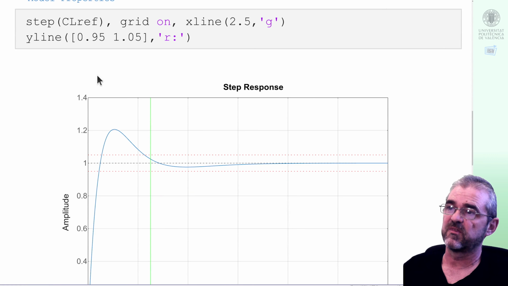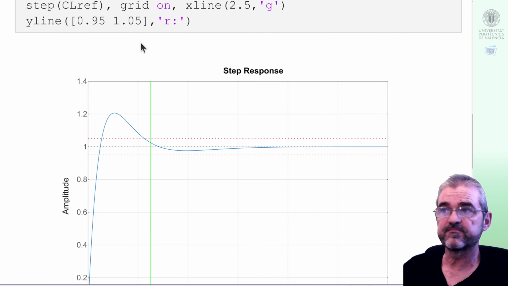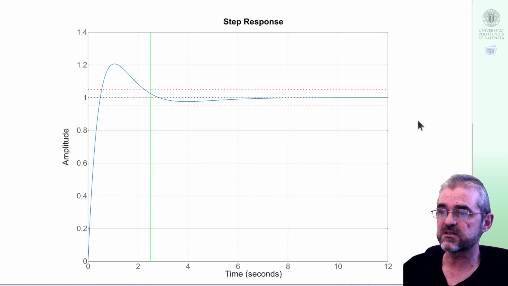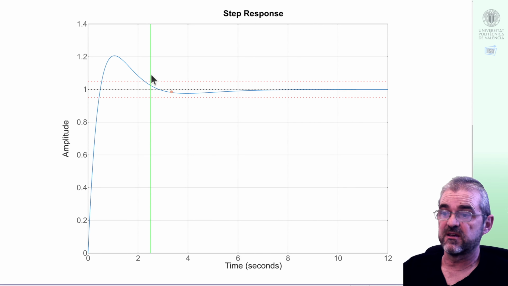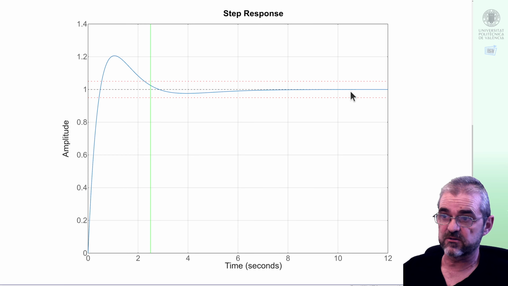response. Then the step response, with also a 5% error band around the set point, ends up being this. We see that indeed in 2.5 seconds we are lucky and things get into the 5% error band, and it finally ends at 1, which is the desired set point. So this is a nice result. And also we have, in theory, real poles, non-oscillatory behavior.